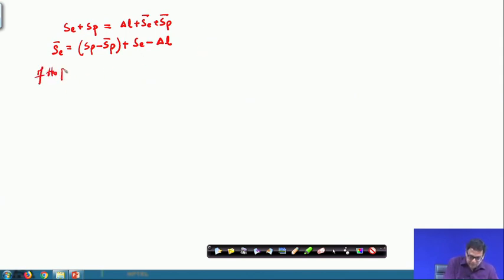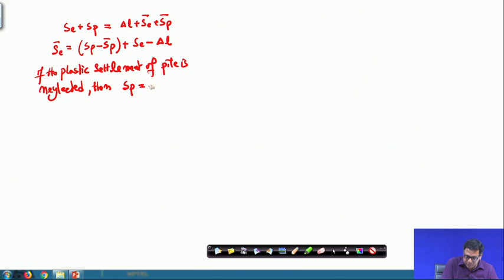So, if the plastic settlement of pile is neglected, then definitely SP will be equal to SP bar, because all the plastic settlement is due to the soil plastic settlement.